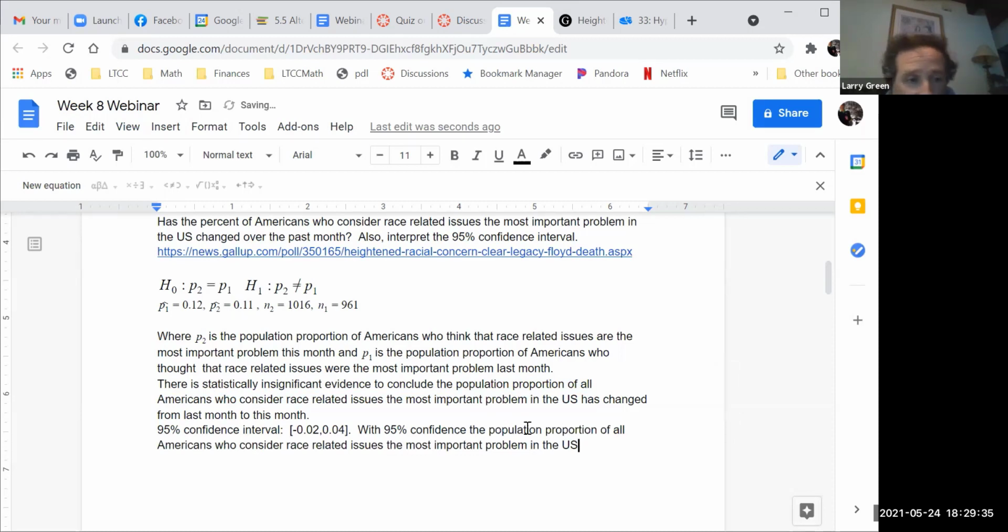The population proportion of all Americans who consider race-related issues the most important problem in the United States has, we can say, has increased by no more than 2% and decreased by no more than 4%. Right, 0.02 is 2%, 0.04 is 4%.